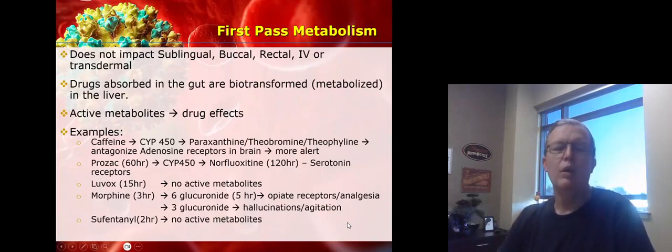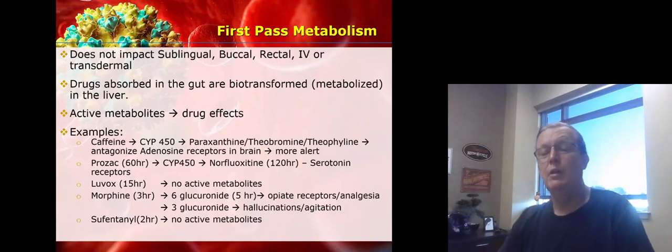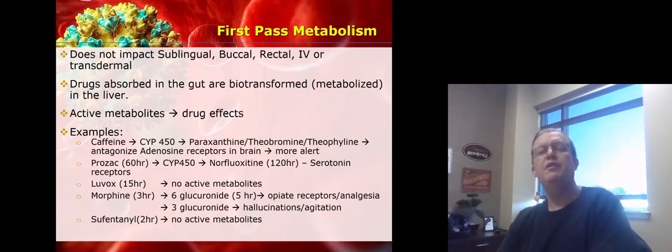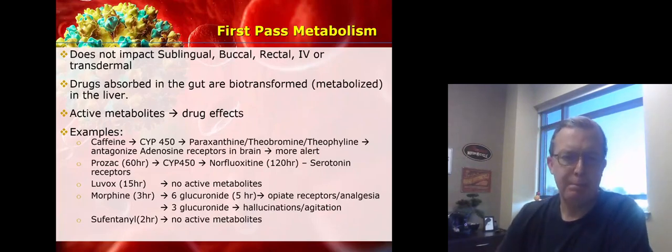So that can be one of the great benefits of fentanyl. Now, because of the nature of the way fentanyl works, it does have a higher association with respiratory depression, because so much of the dose moves into the system so quickly.